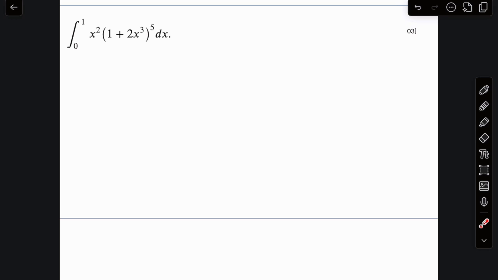So I'm going to say let u, in this instance, equal 1 plus 2x to the 3. Therefore, du is equal to 6x squared dx. Brilliant.